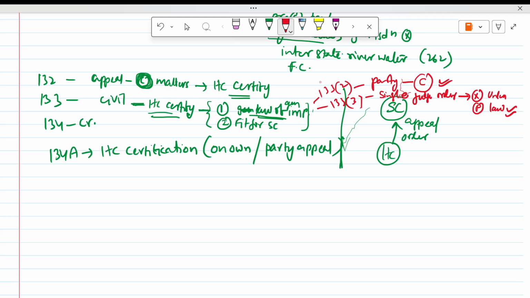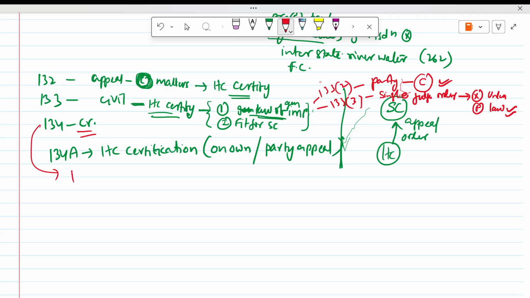As per the Constitution, you cannot go. If Parliament by law gives it, you can go. That is 133 3. So 133, remember, civil cases. 132 constitutional interpretation cases. 133 appeal in civil cases. 134 appeal in criminal cases.